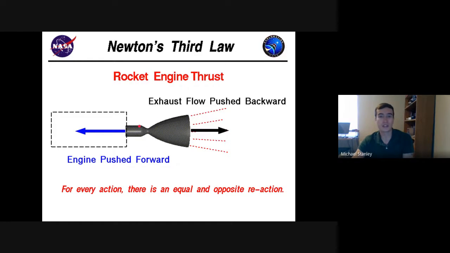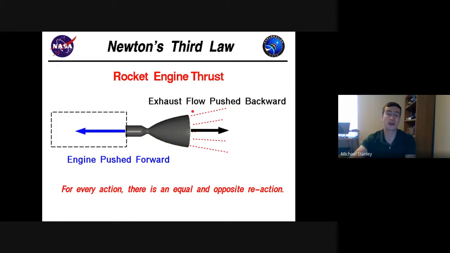So this exhaust flow going out the back of the rocket causes the rocket to be pushed forward, or pushed upward if it's sitting on the launch pad. So the rocket is moving in the opposite direction of where all of its exhaust is going, right?